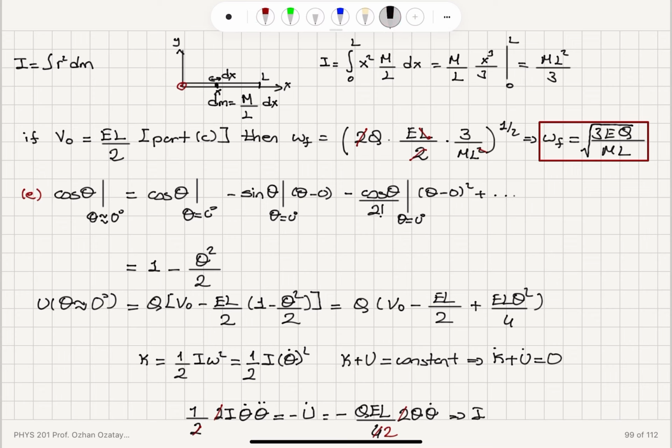I theta dot theta double dot is equal to minus QEL over 2 theta dot times theta. Now I have two angular speeds, theta dot on each side, which cancel out, and I am left with this equation of motion: theta double dot is equal to minus QEL over 2I theta.